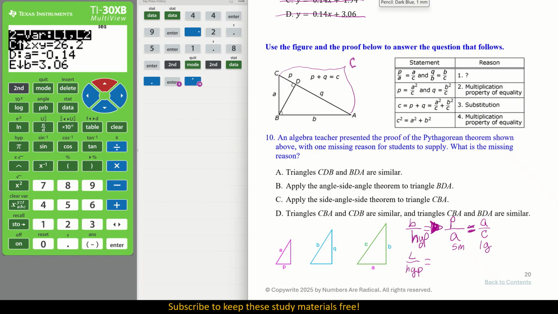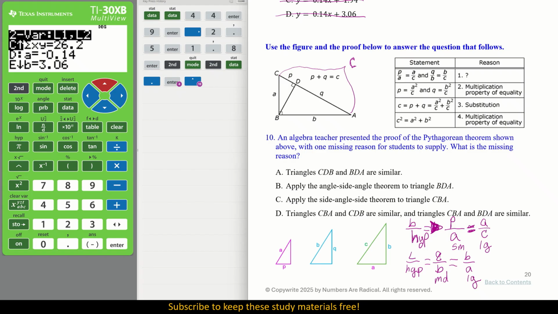That gives us B over, or no, Q over B, sorry, Q over B. All right, that's the middle one, Q over B. And then for the larger one, of course, we'll have B over A. So that's the middle one and the larger one.